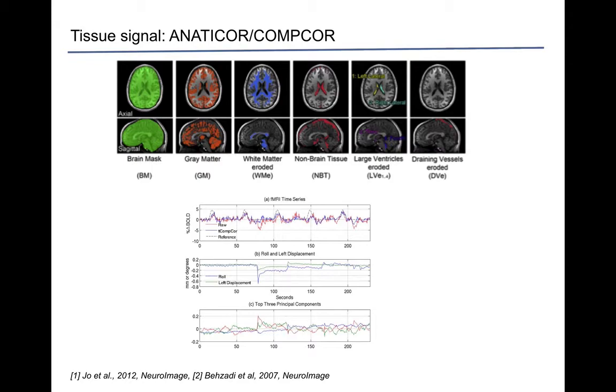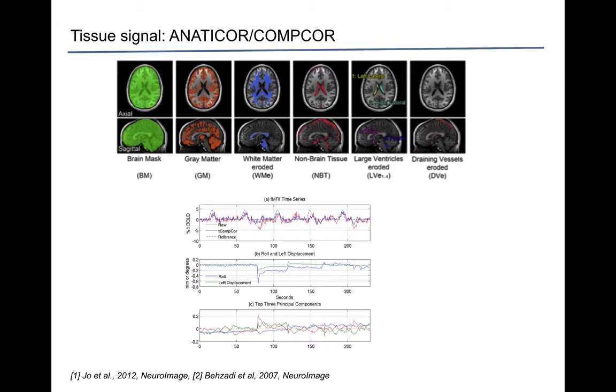And what I mean by tissue signals is non-gray matter tissue signals. The assumption behind these approaches is that we are mainly interested in studying the gray matter because, again, our assumption is that the neural activation we're interested in happens in the gray matter.